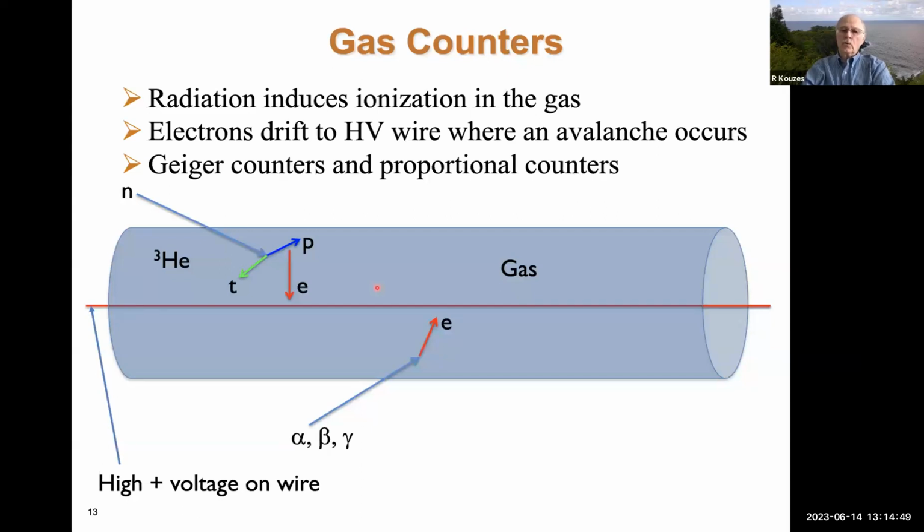And if the voltage is right, the amount of signal we get out of this wire will be proportional to the number of electrons produced in the first place. That is the energy loss of whatever it was that hit this detector. And we call that a proportional counter. If we crank up the voltage even more, so that for any number of electrons produced, we get a large signal, we refer to that as a Geiger counter.